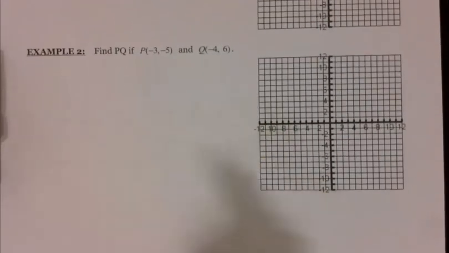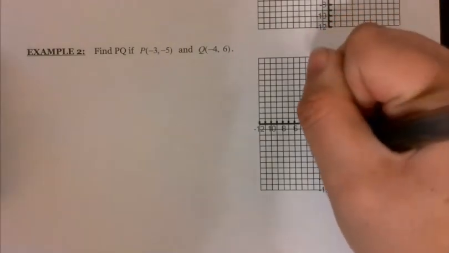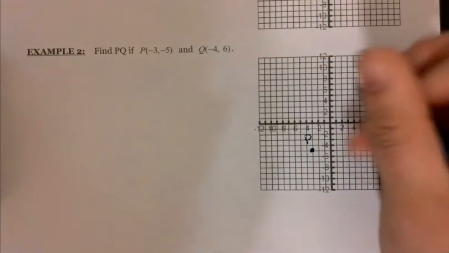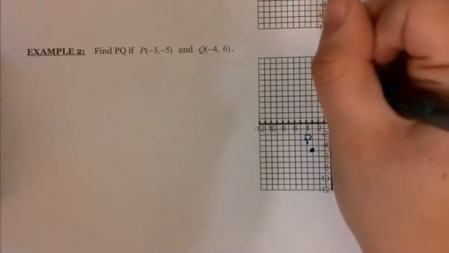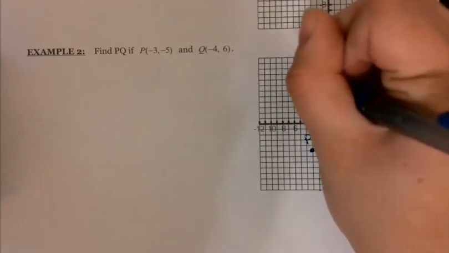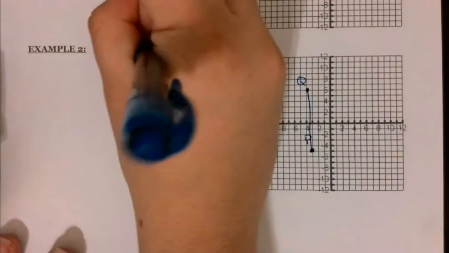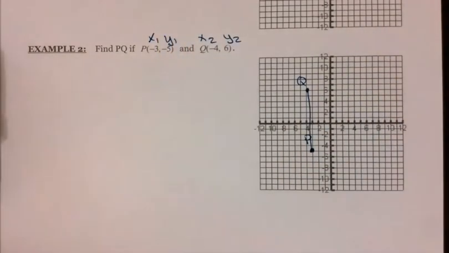Moving on. This one is negative 3, negative 5 and negative 4, positive 6. So what I do, this is going to be x1, y1, x2, y2. I want to go ahead and plug those in.